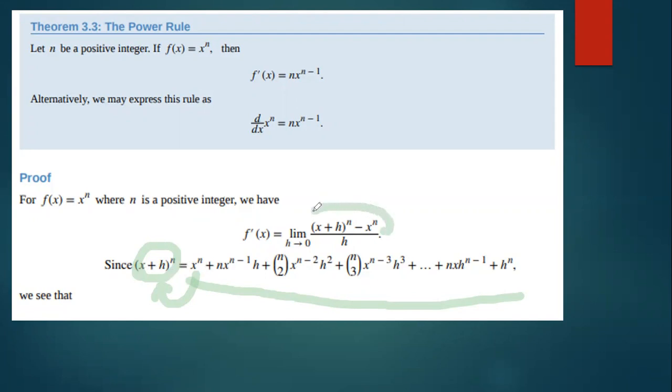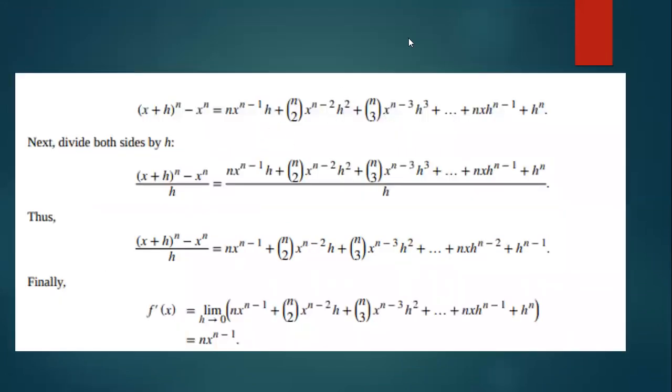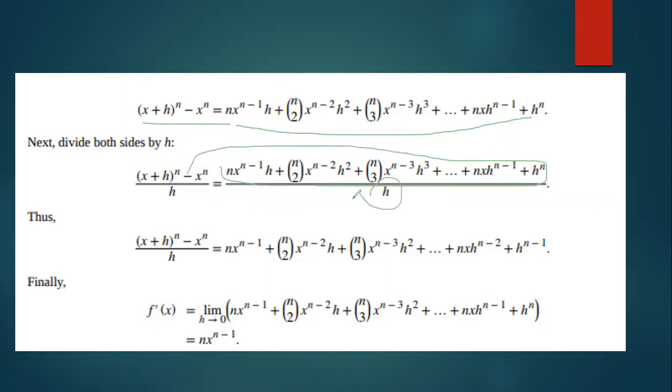This will be the numerator of my limit function, divided by h. There is an h involved in every term, so take h common, and h and h will cancel out.